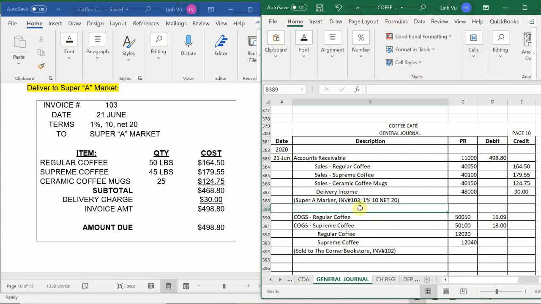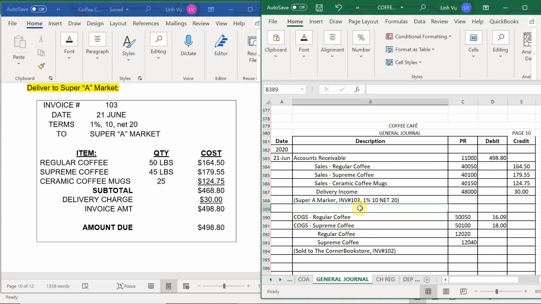What's next? Now that we finally finished our journal, what's the next thing we gotta do?